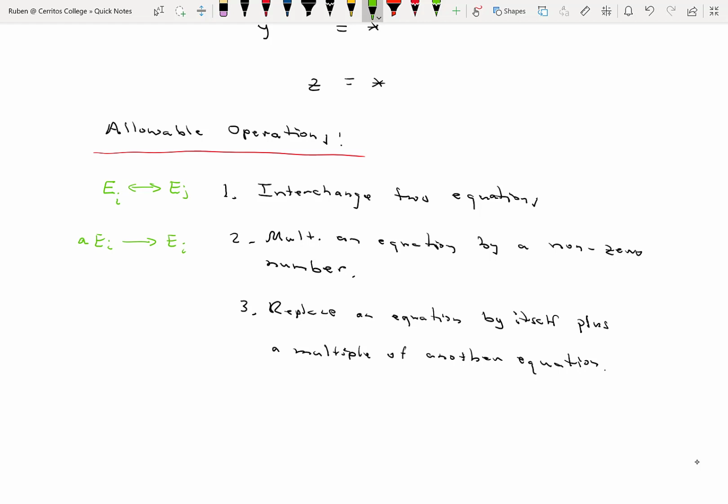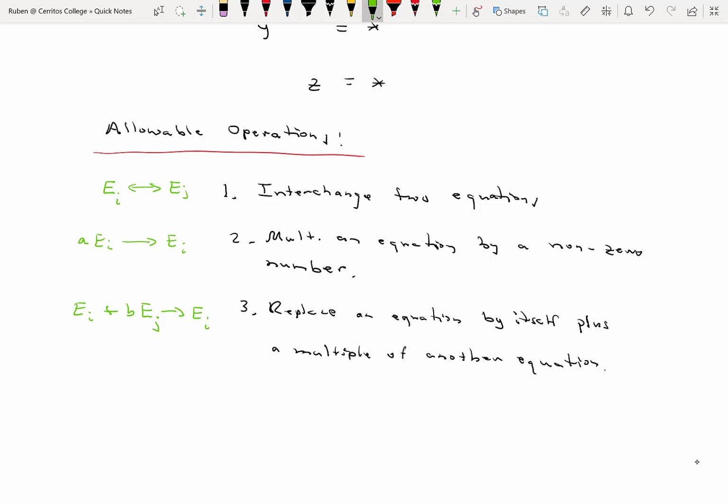So what will the third operation look like? The third operation is to replace an equation by itself, E sub I, plus a multiple, let's say B, of some other equation, equation J, and then put that back into equation I.